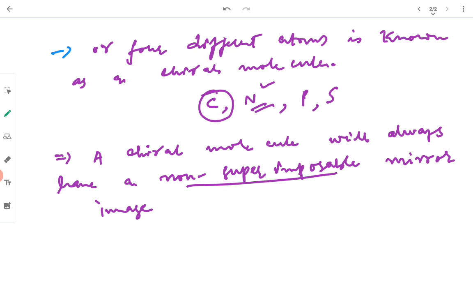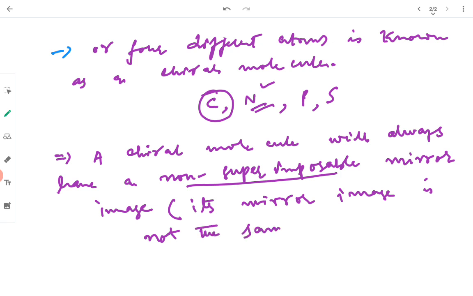Or in other words, we can say that its mirror image is not the same as itself.